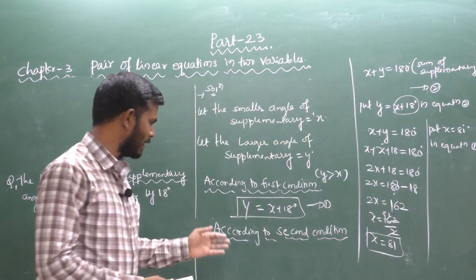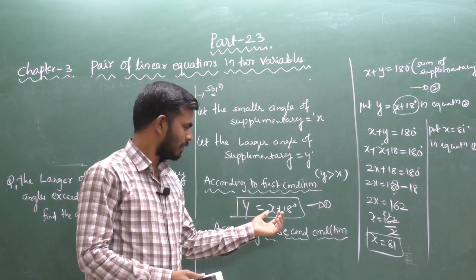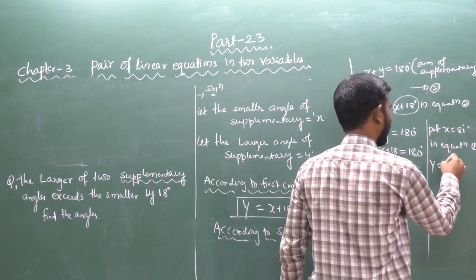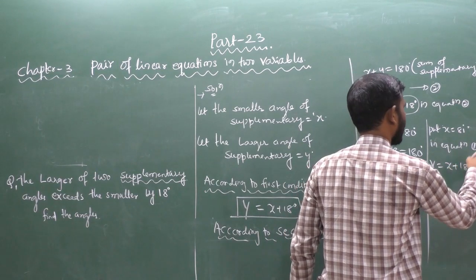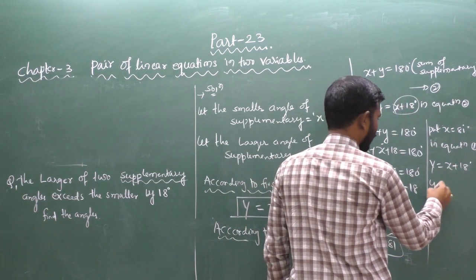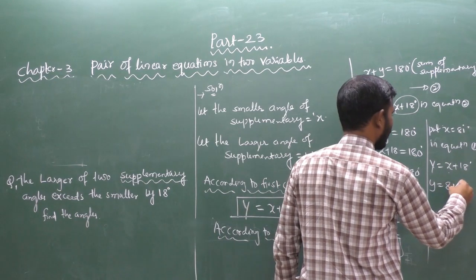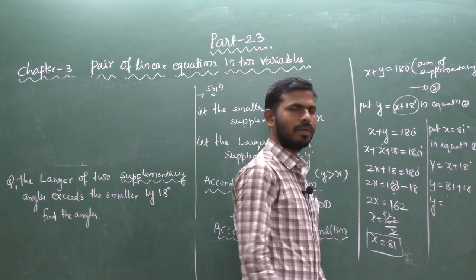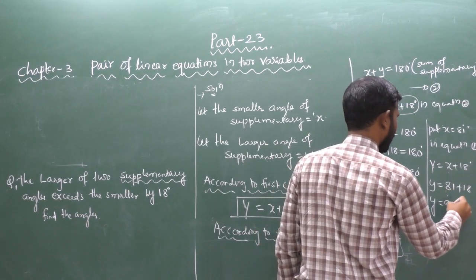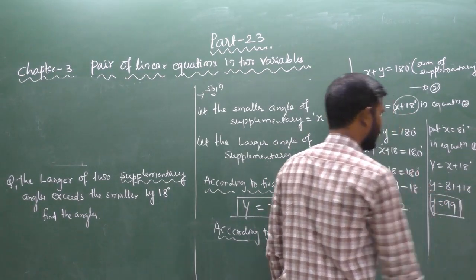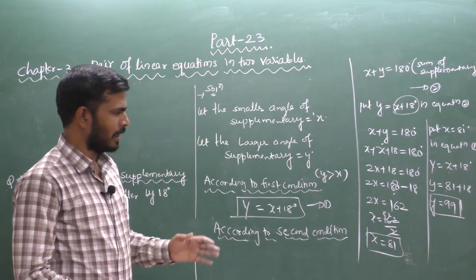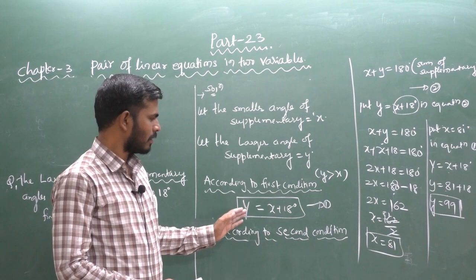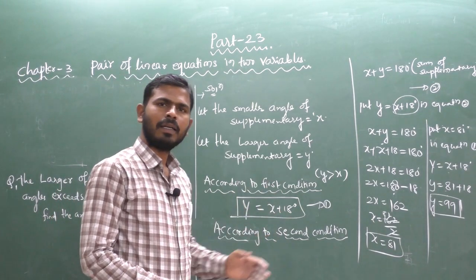Equation number 1 is y equals x plus 18 degrees. So y equals x value 81 plus 18. Y equals 99. So y is 99 degrees.